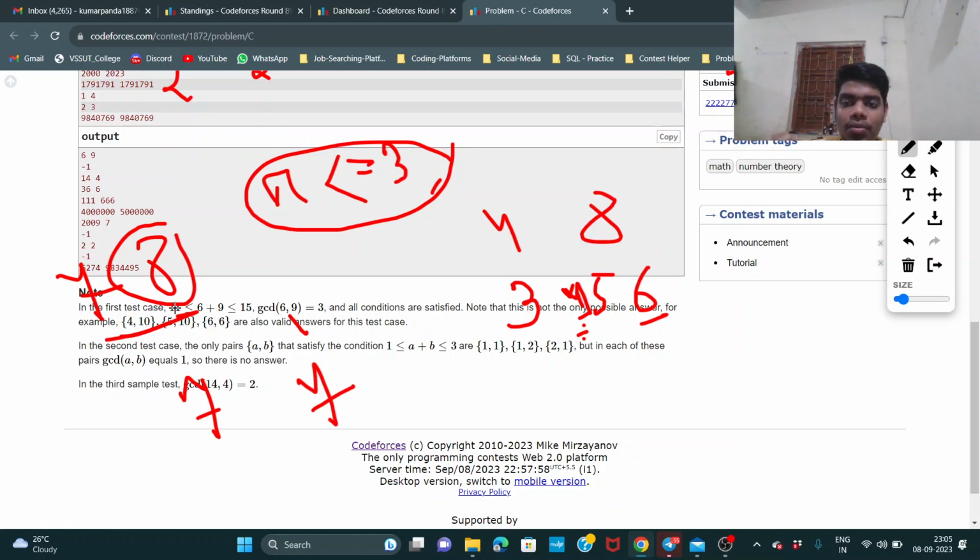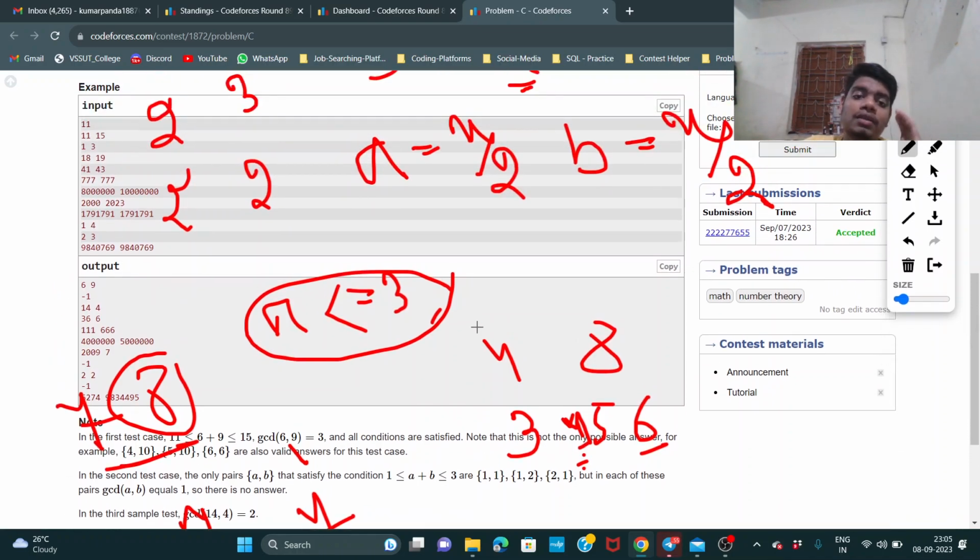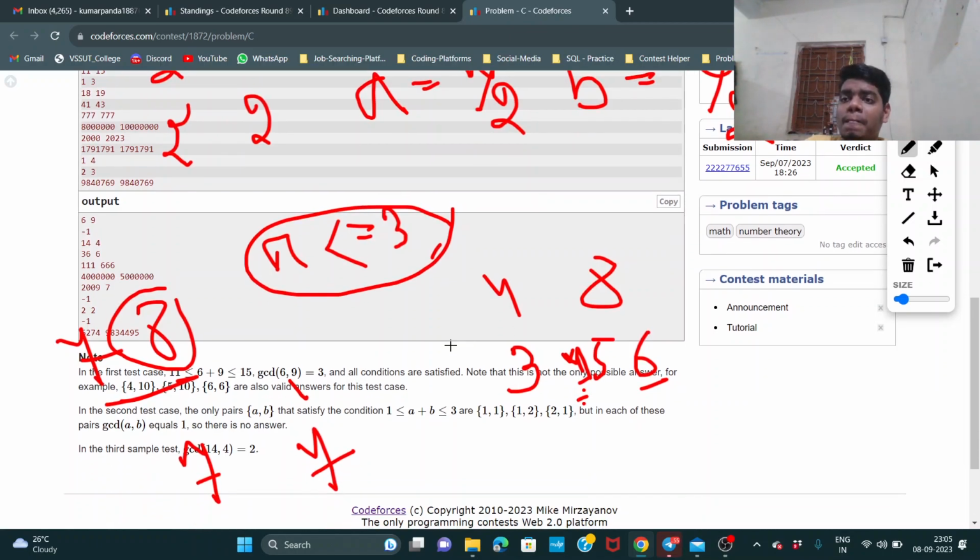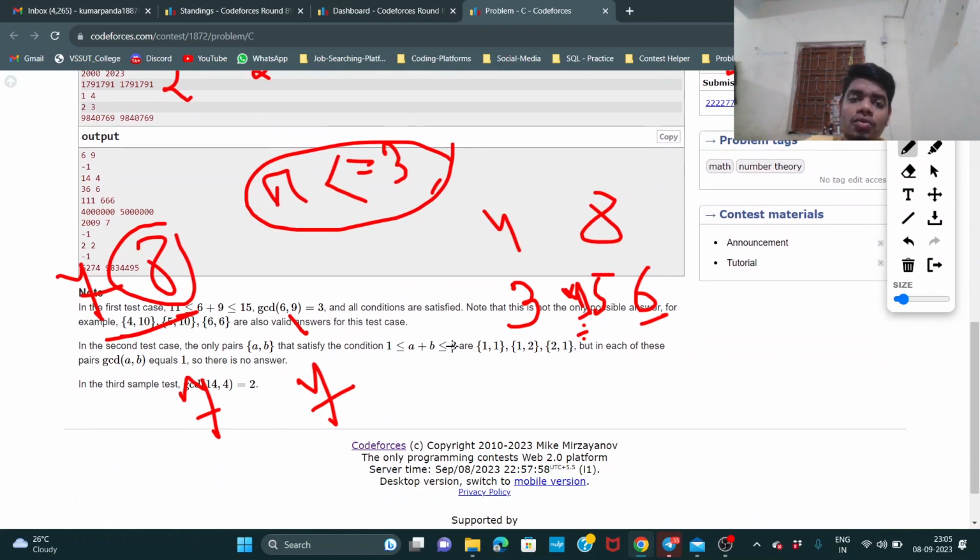And if we are not able to find any even number other than 2, then what will we do? The case one is that we are able to find an even number greater than 2, right? And case 2 is that we are not able to find an even number greater than 2.